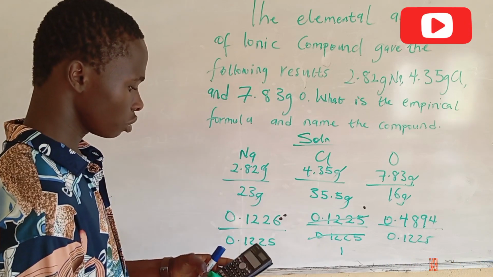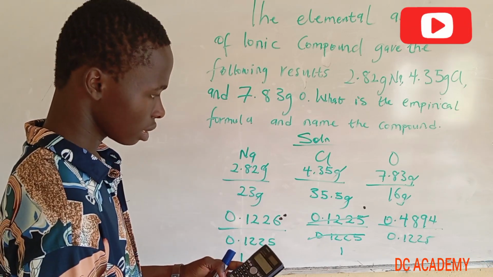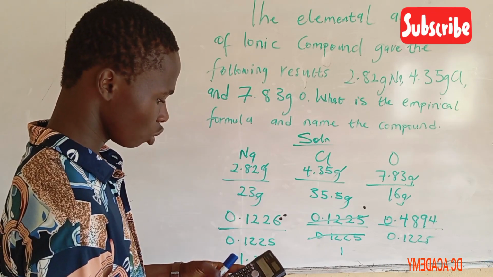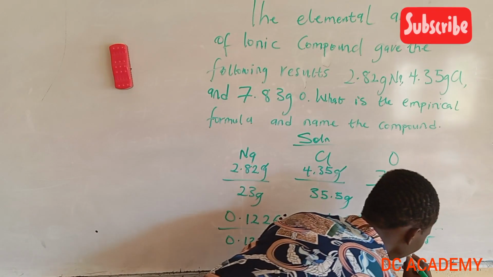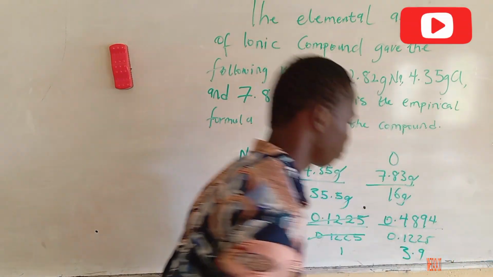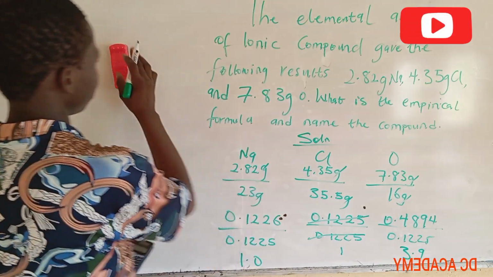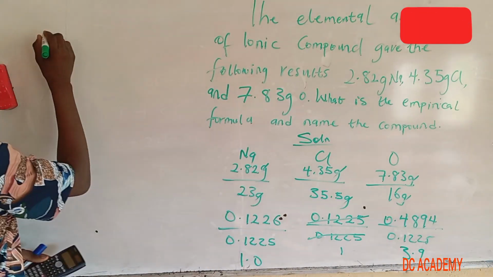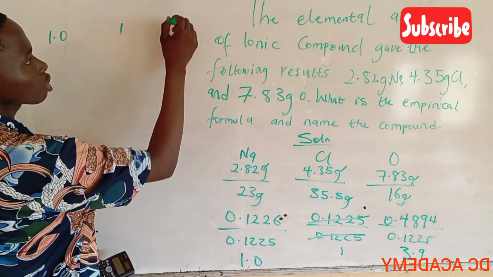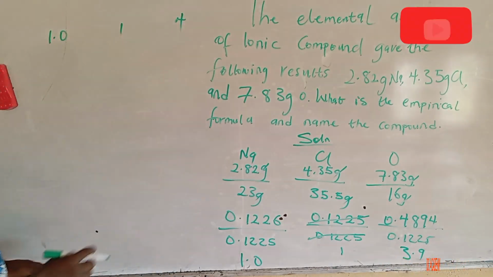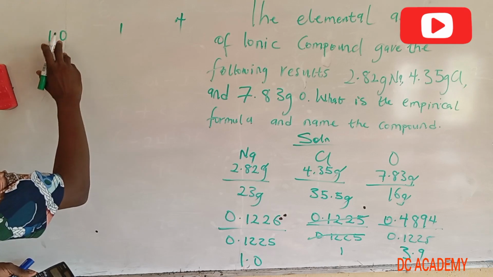Upon division, 0.4894 divided by 0.1225, we have 3.99, approximately 4. So we have 1.0, which is 1, and we have 4, and this is just 1.